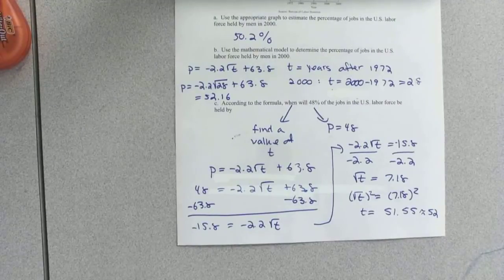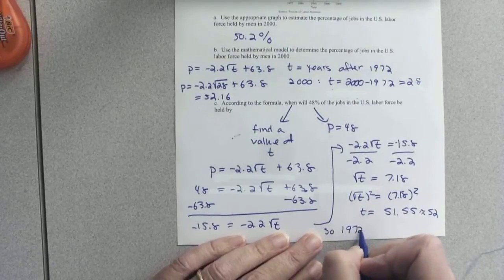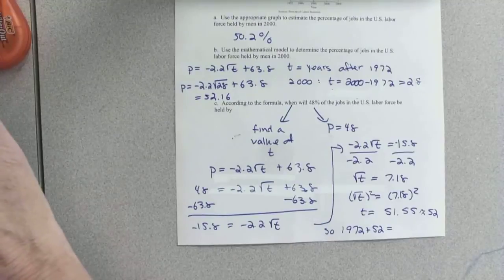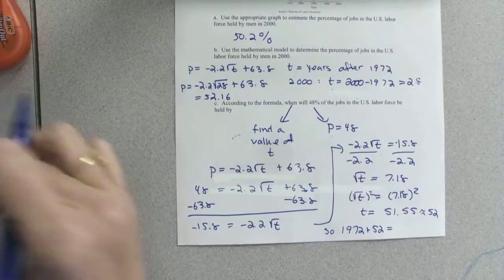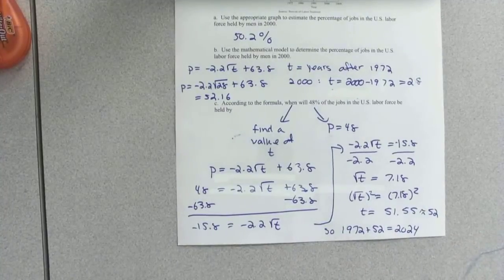T was years after 1972. So 1972 plus 52 comes out to be 2024, and there would be the answer to that one. And that's the end of this section.